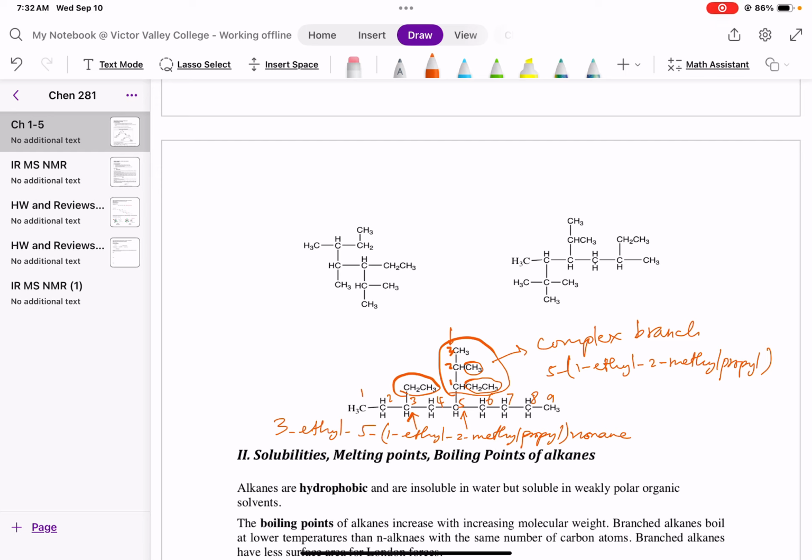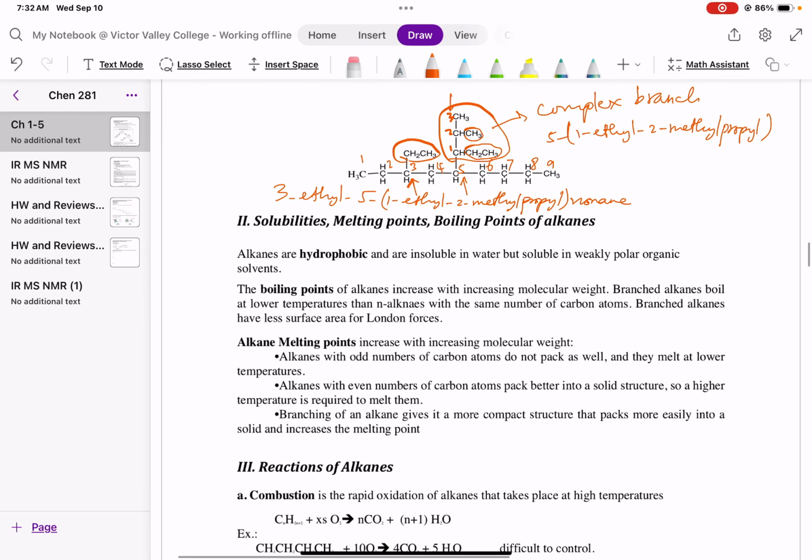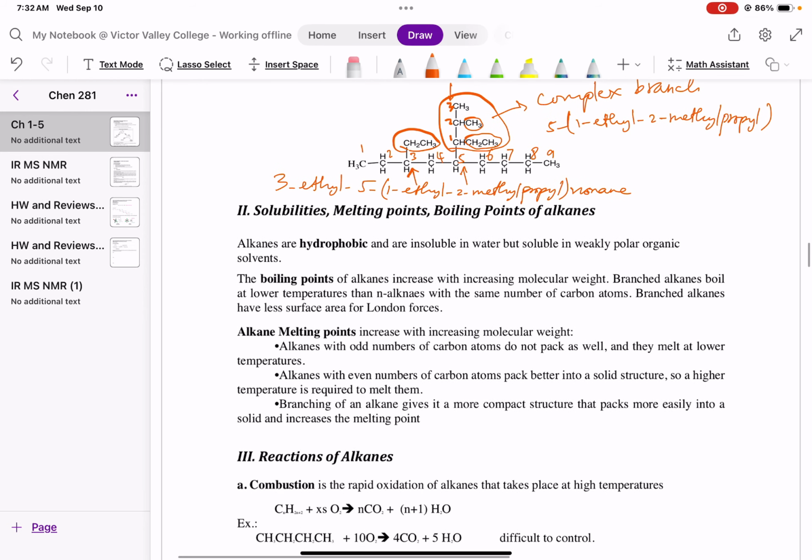Of course, we can name the other 2, but let's move on to see what else we have in here.